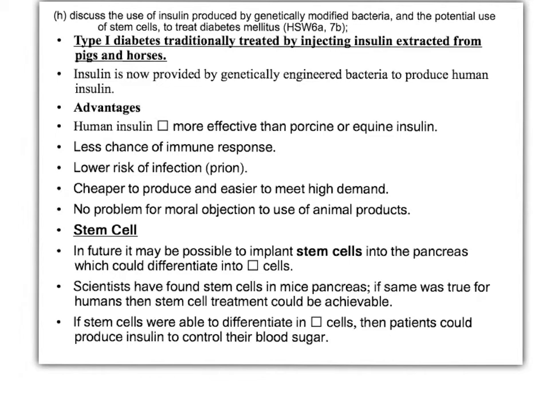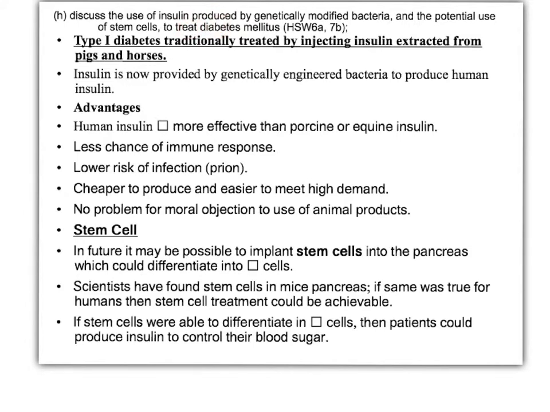This slide discusses the use of insulin produced by genetically modified bacteria and the potential use of stem cells to treat diabetes mellitus. Okay, so type 1 diabetes can be treated by injecting insulin into patients.